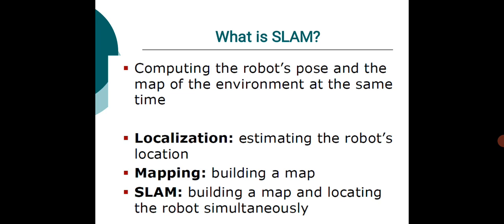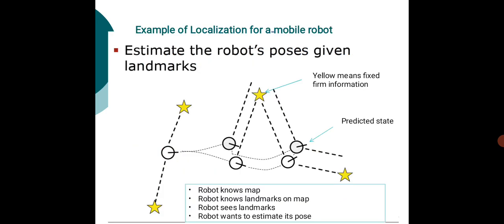Localization is nothing but estimating the robot's location. Mapping is building a map. SLAM is locating the robot as well as building the map simultaneously. So here is an example of localization for a mobile robot. This will estimate the robot's pose given the landmarks.